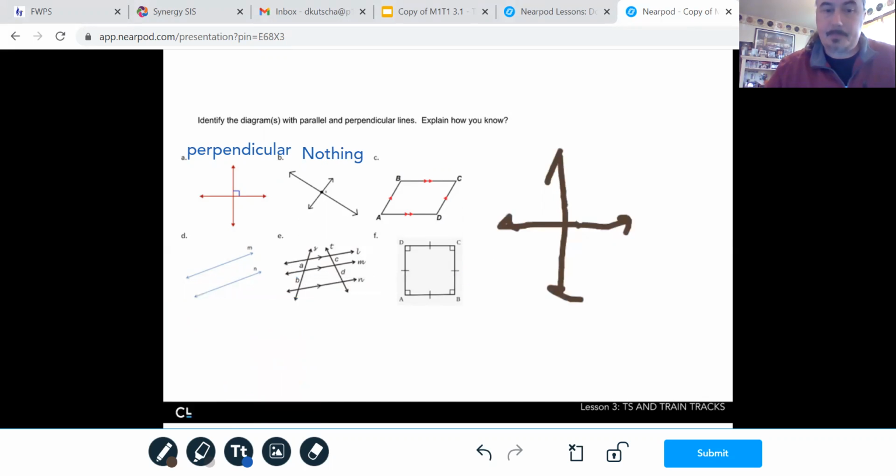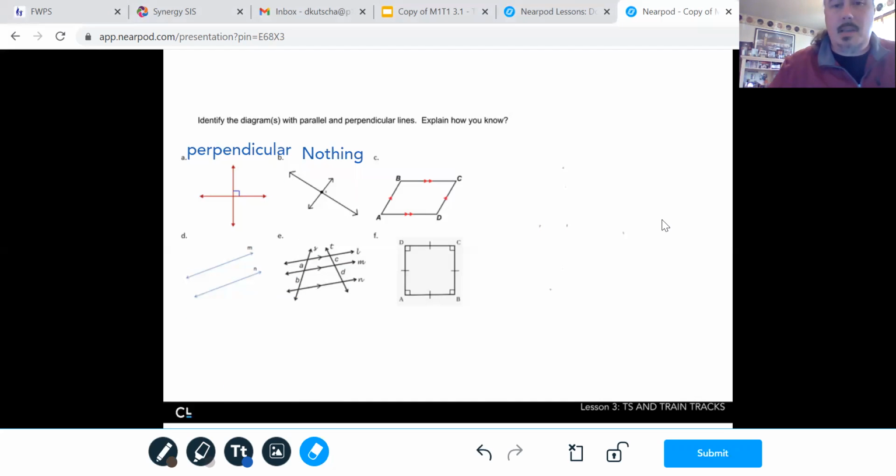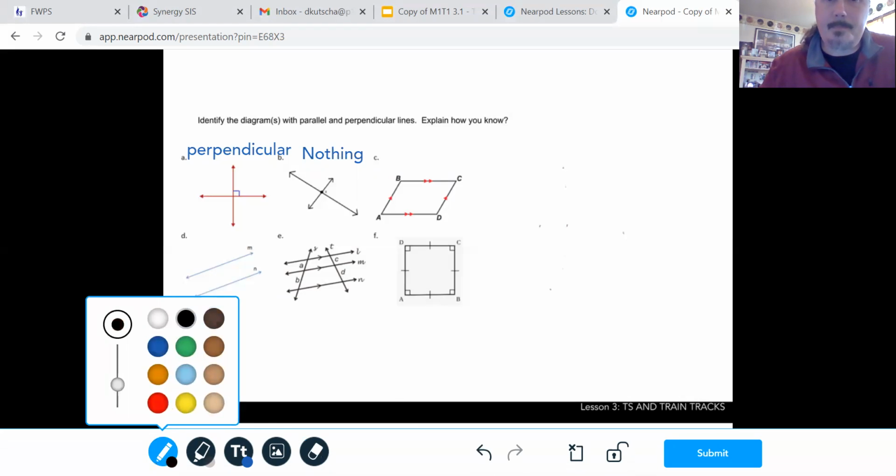Okay. C, do we have parallel, perpendicular, absolutely nothing, or both? Maybe we see both parallel and perpendicular lines. So I'm going to erase the last diagram here on the Neuropod, so it's the C. But notice in C, in a little closer drawing of C, we have 4 sides.